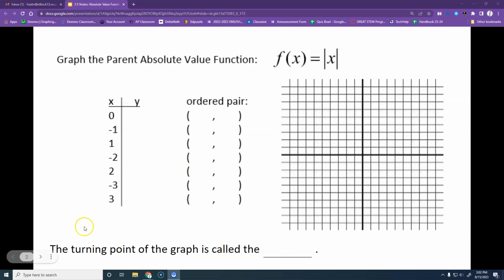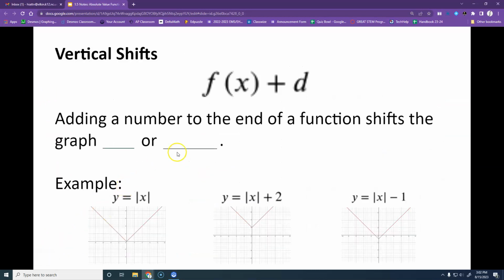So if we move on to our next slide, we're going to talk about the different types of shifts that you can have. The first thing we're going to talk about is a vertical shift. So if you add a number to the end of a function, so I've used f of x here instead of absolute value because these are actually true for all types of functions.